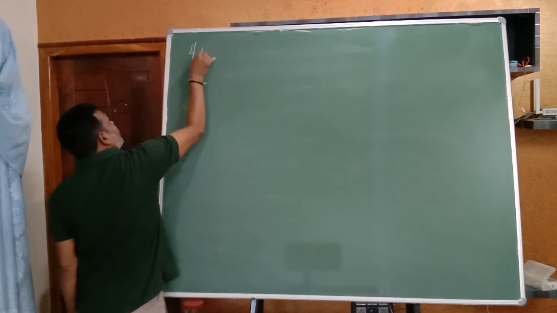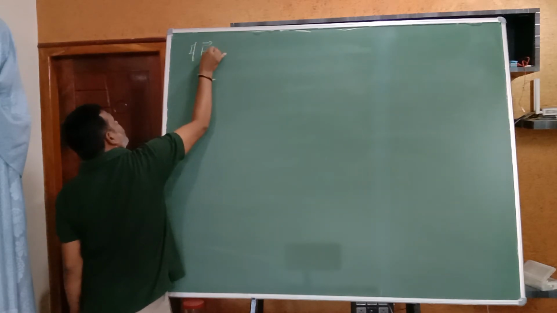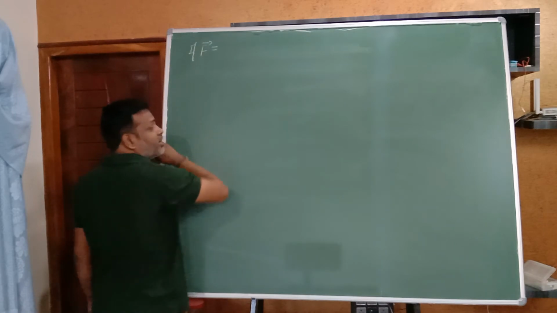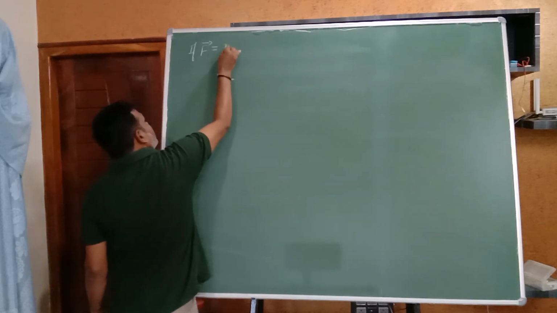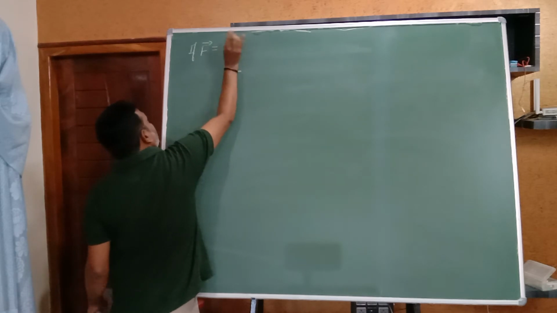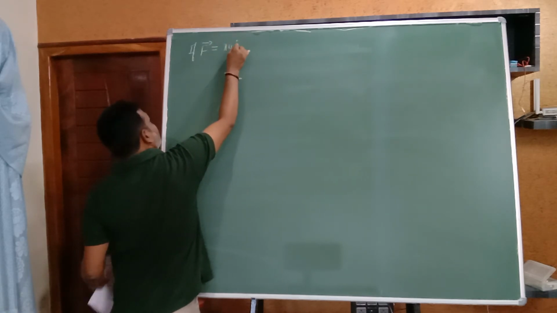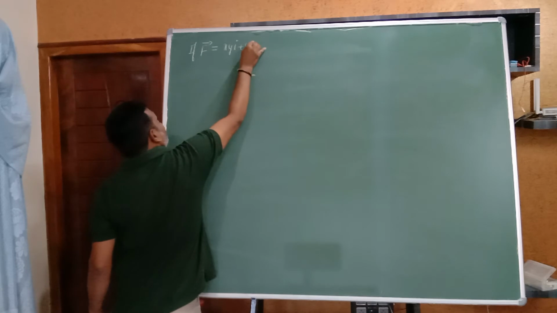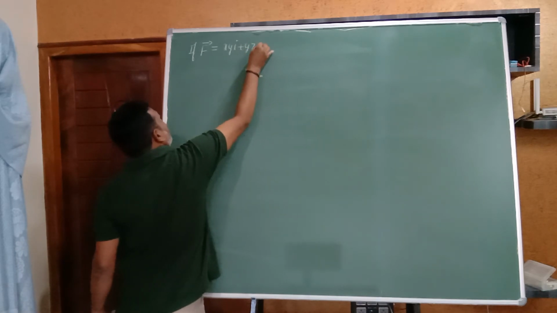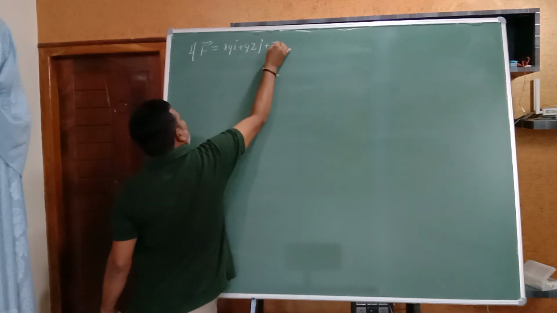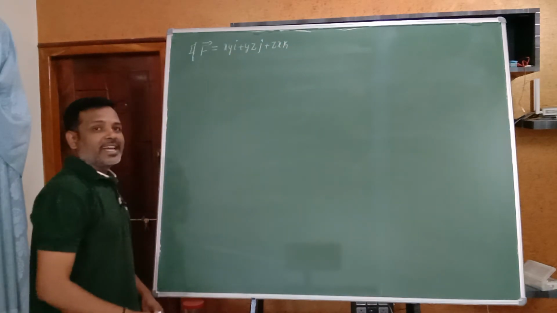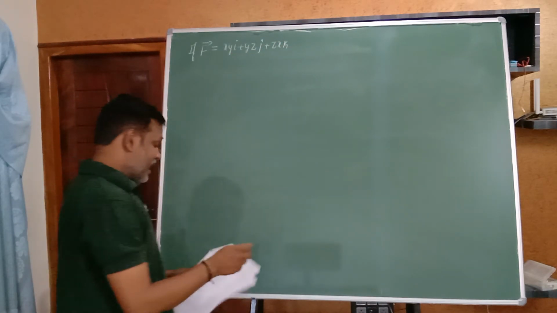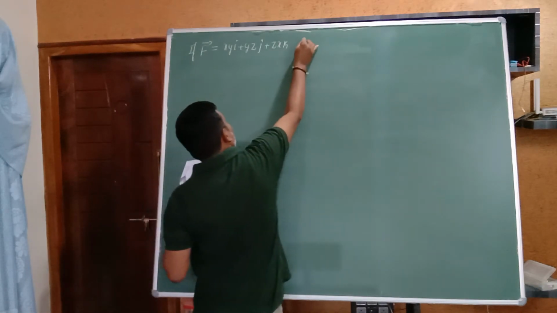If you understand one problem, it is very easy to handle other problems also. If F vector is equal to xy into i plus yz into j plus zx into k, where i, j, k are the components along x axis, y axis and z axis.